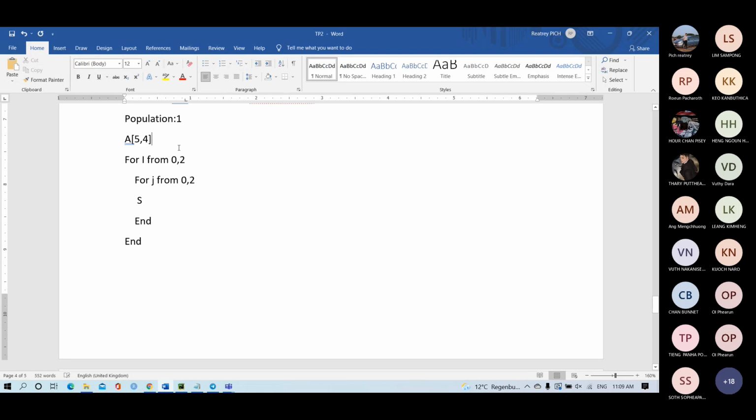We need, as output, I put it as O, 2 and 2. Run from 0 to 2: how many times does it run? In case you write in Python or some programming language, it differs. If you run 0 to 2, sometimes some algorithms run 3 times, some only run 2 times.